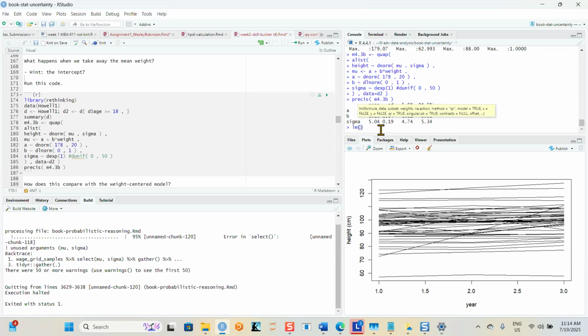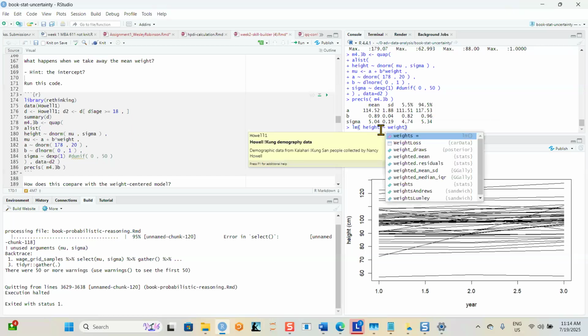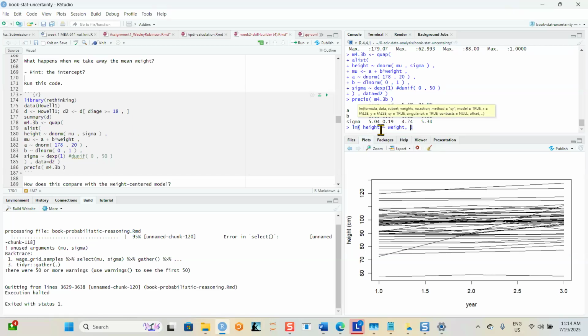LM, formula, height tilde weight, data. Call this OLS fit.